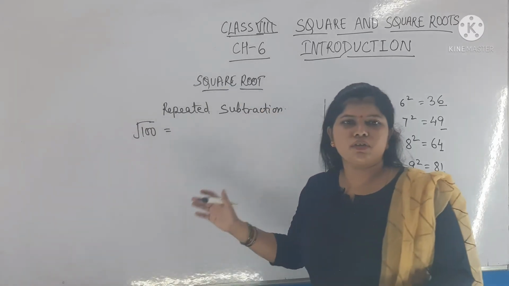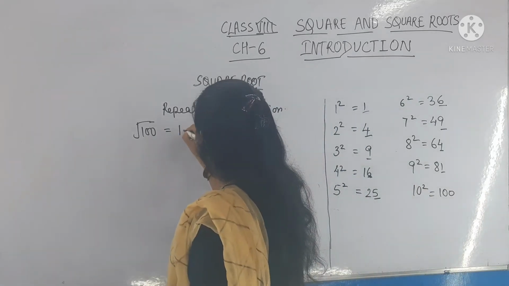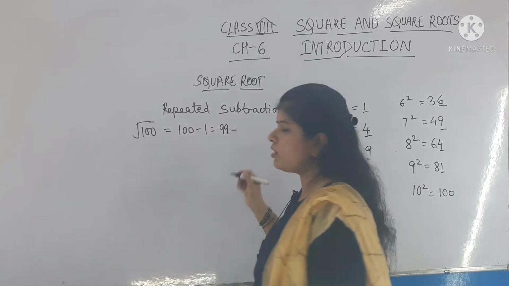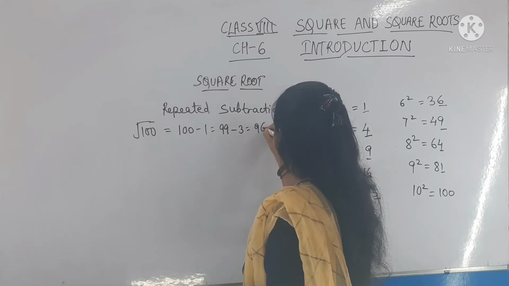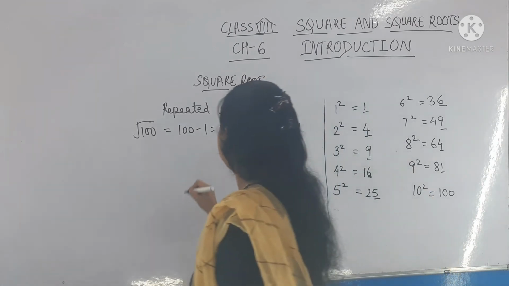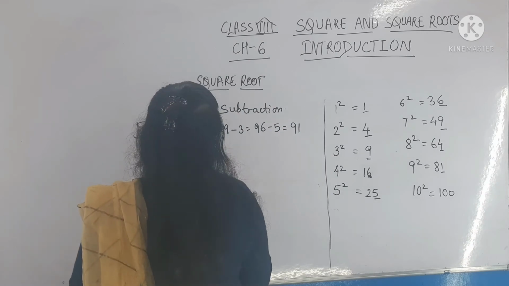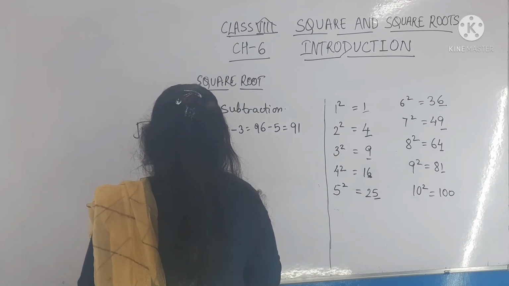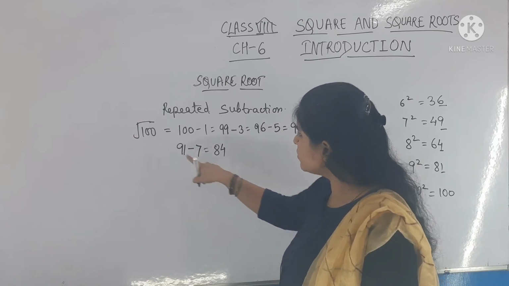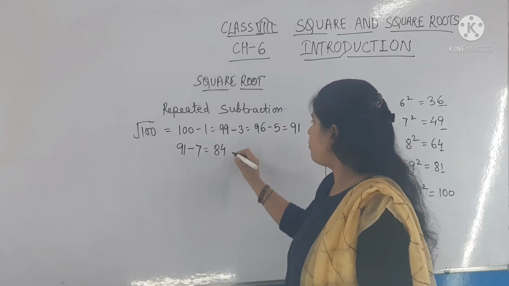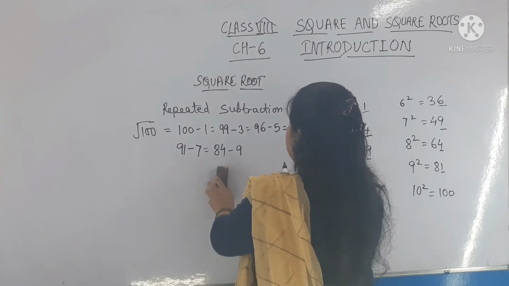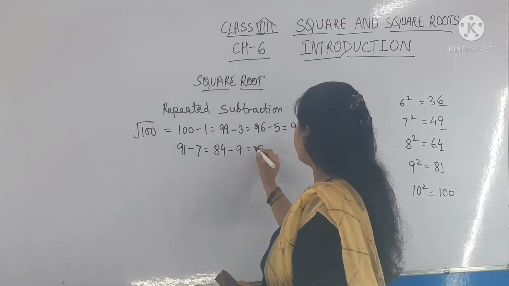You have to subtract the odd numbers in sequence. 100 minus 1 is 99, then 99 minus 3 is 96, then 96 minus 5 is 91, then 91 minus 7 is 84, then 84 minus 9 is 75.